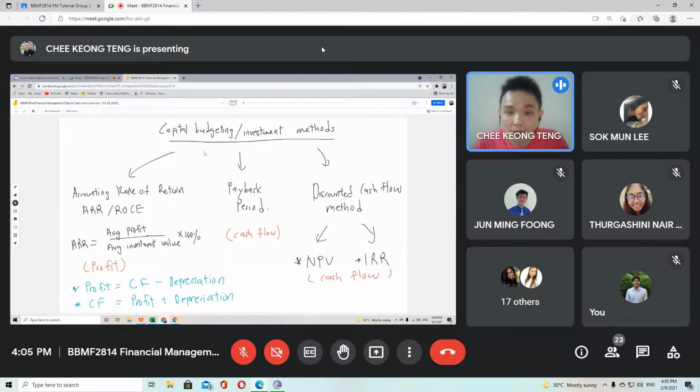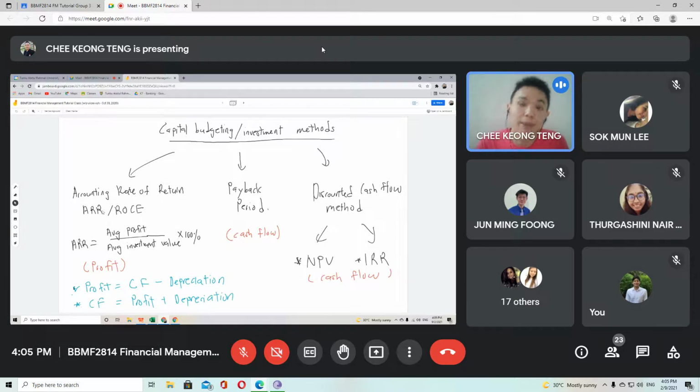Okay, for this revision, like what I said, capital budgeting, you can call it investment appraisal as well. In our syllabus, we have 4 main methods to evaluate a project, which are ARR, accounting rate of return, or ROCE. They are the same.